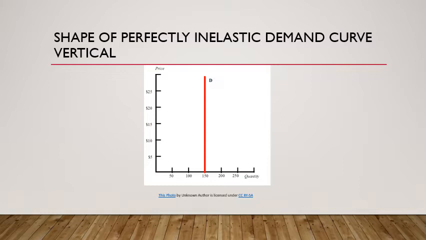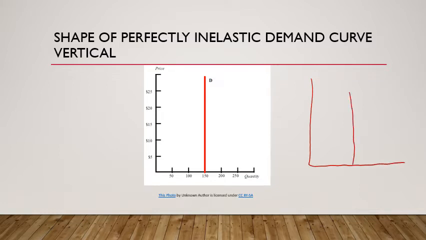Well, as you see, it's vertical. It's perpendicular to the x-axis. Again, what that means is price goes up and nothing happens to quantity demanded. Price goes down and nothing happens to quantity demanded. Let's see if I can draw this here.